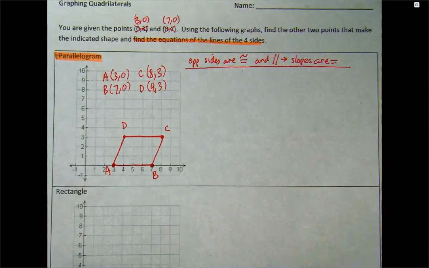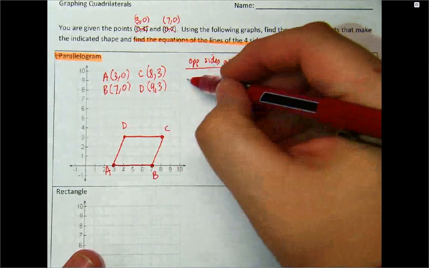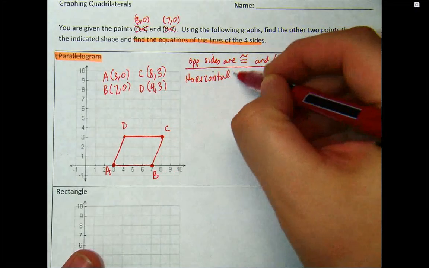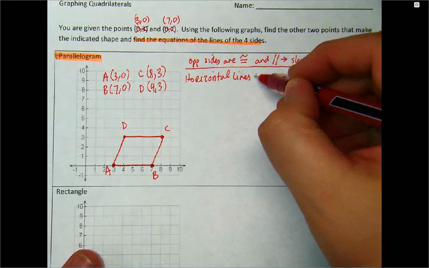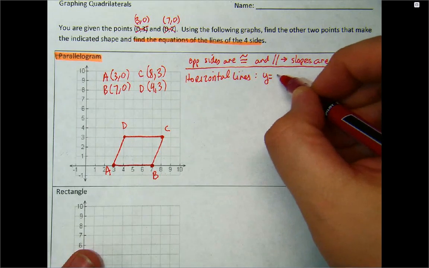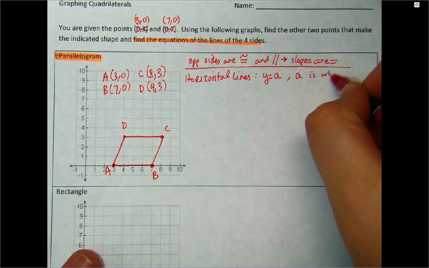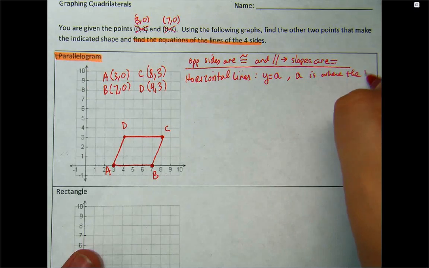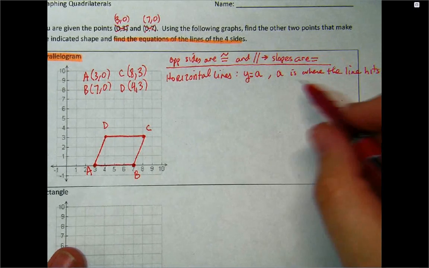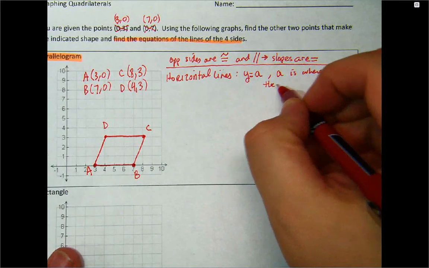Now, the nice thing is, if you have horizontal lines like this, horizontal lines are always in the form y is equal to a, where a is where the line hits the y-axis.